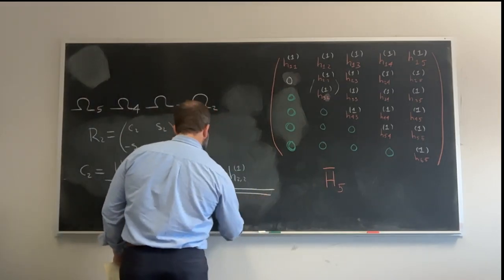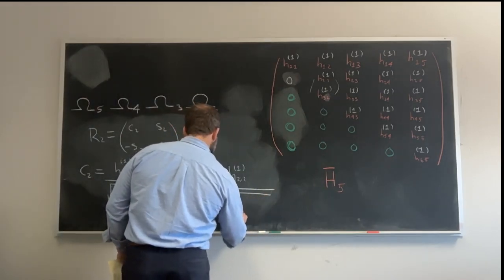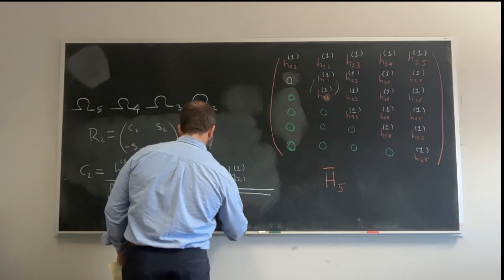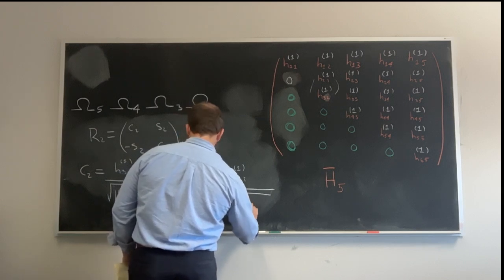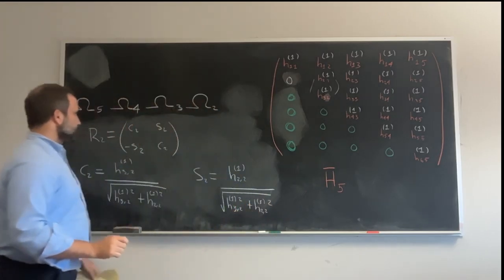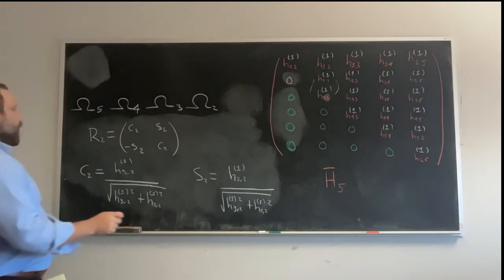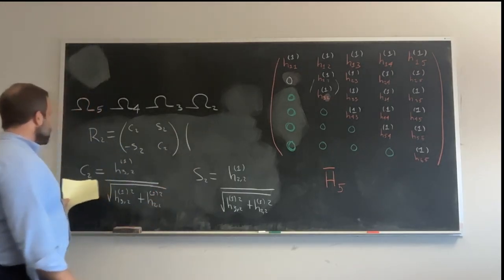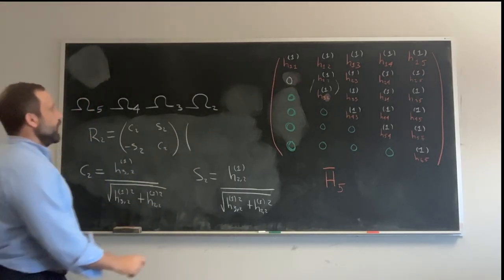And then we're going to have the same bottom: H32, 1 squared, plus H22, 1 squared.